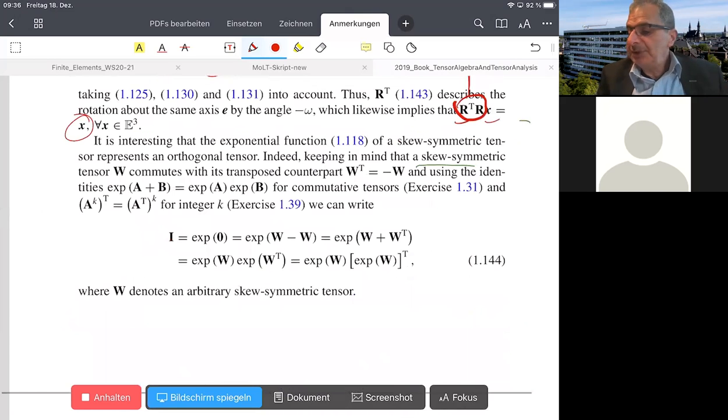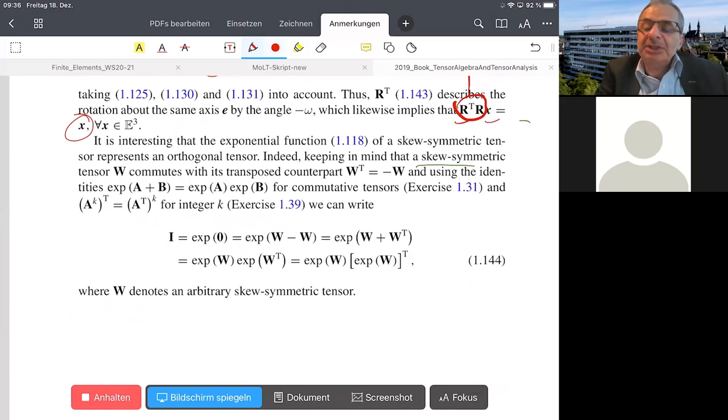Another interesting property we proved last time was that if we take exponential of a skew symmetric tensor, we get an orthogonal one, which establishes this connection between skew symmetric and orthogonal tensors.